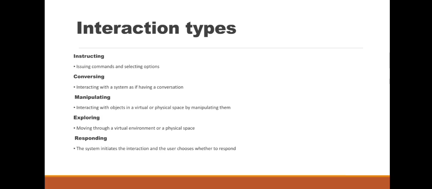For example, navigating a 3D virtual world in a video game or walking through a museum exhibit with augmented reality. Responding: the system initiates the interaction and the user chooses whether or how to respond to the prompt. For example, a notification on a smartphone that the user can choose to open, dismiss, or ignore.